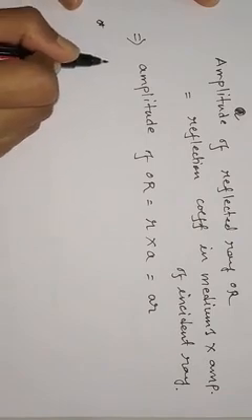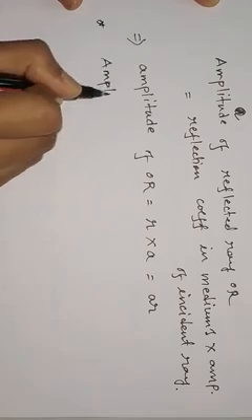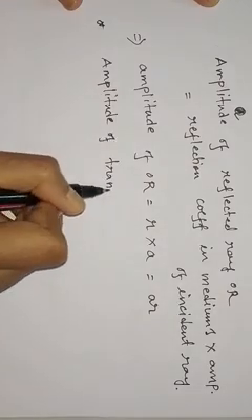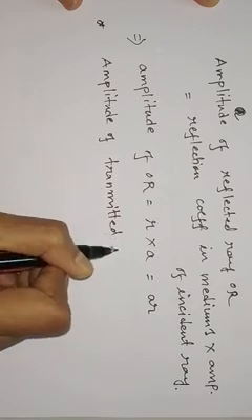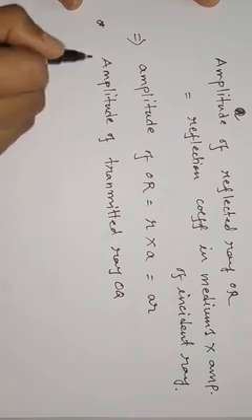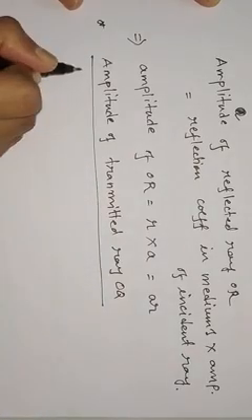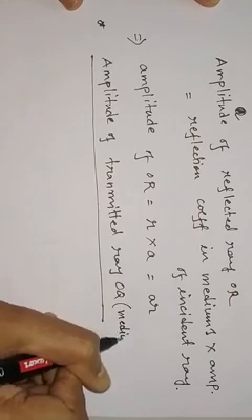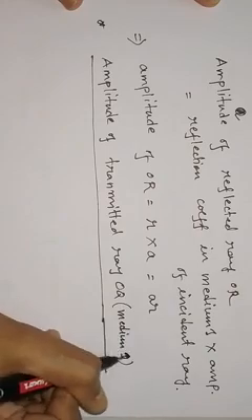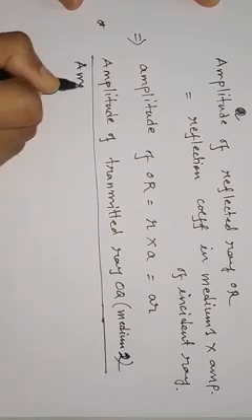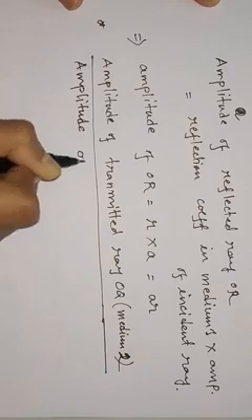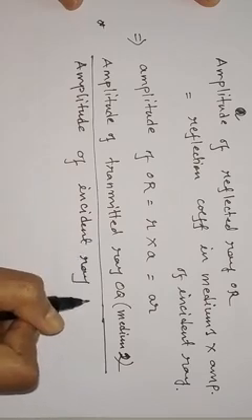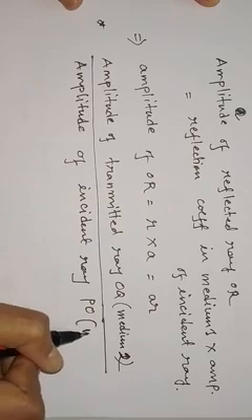By definition, the transmission coefficient is the amplitude of the transmitted ray OQ, which is in medium 2, divided by the amplitude of the incident ray PO, which is in medium 1.